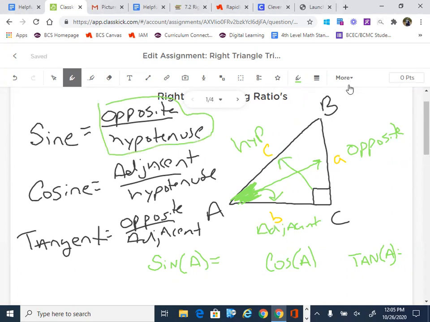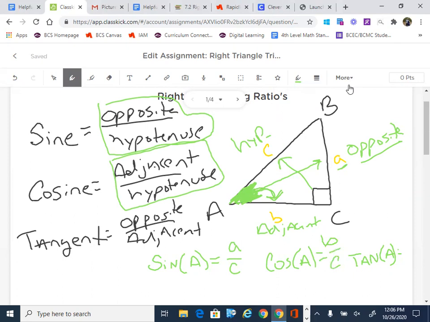So I look for the opposite, which is A, over the hypotenuse, which is C. So I just write A divided by C. And if I go to cosine, I know that cosine is adjacent over hypotenuse. So in this case, the adjacent from A is B over the hypotenuse, which is C.